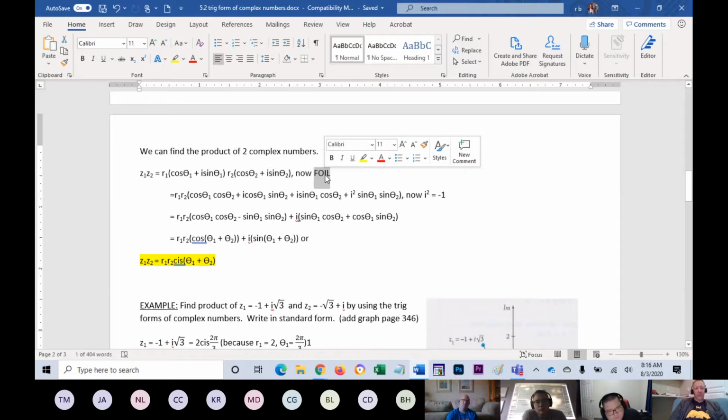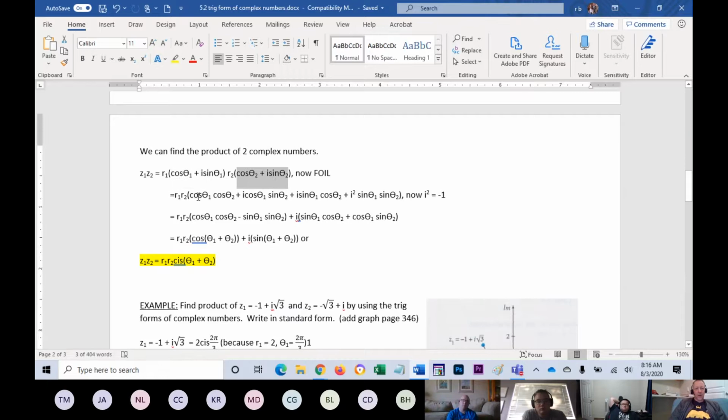We're going to FOIL this out. Now the nice thing is, you can think of R1 and R2 as just scalars. We'll just pull them out front and together, so R1 times R2. Now we're going to FOIL out these two things here.